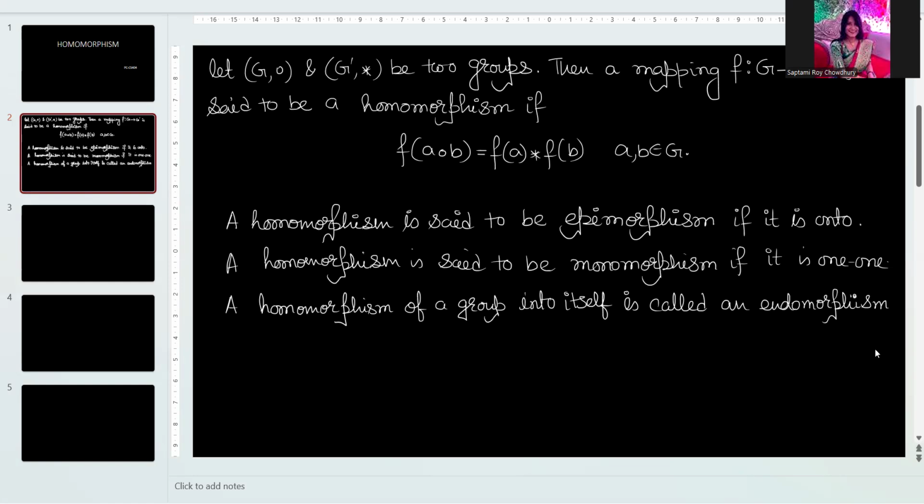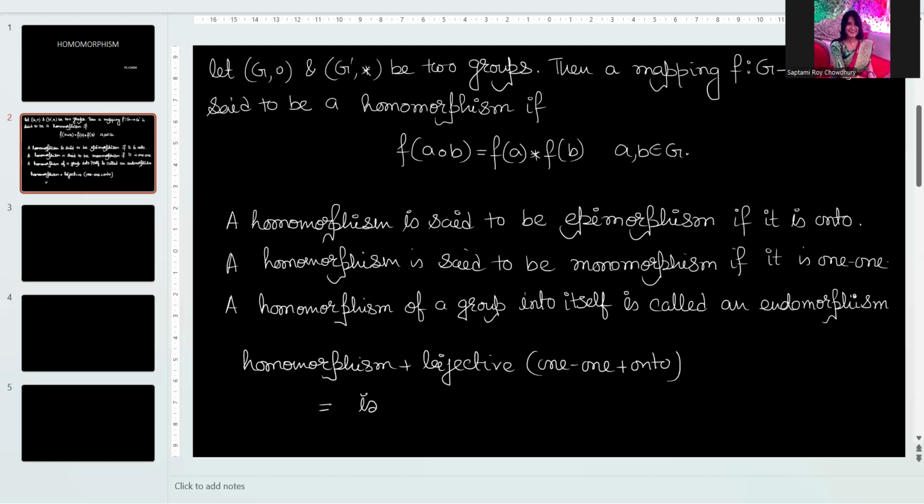Now, we can say homomorphism plus bijective, that means 1-1 and onto. This is known as the isomorphism, okay? And an endomorphism that is bijective is called the automorphism, okay?